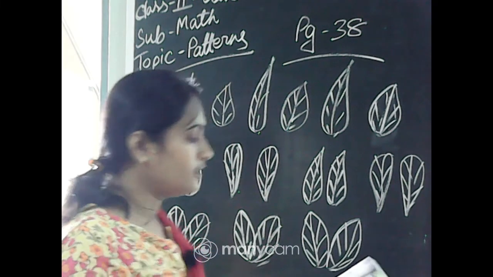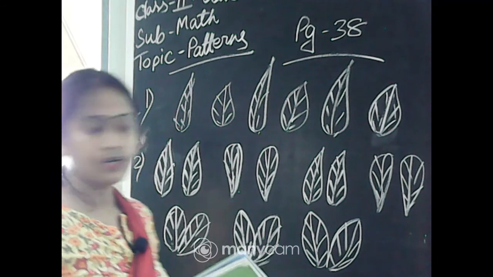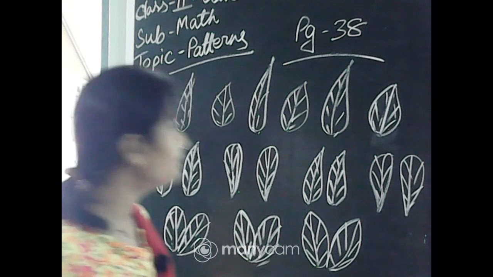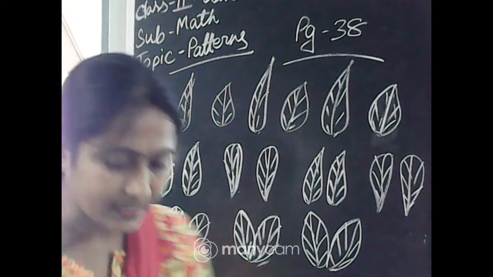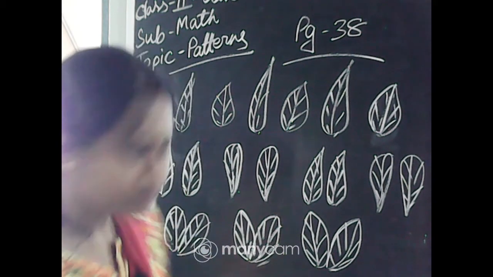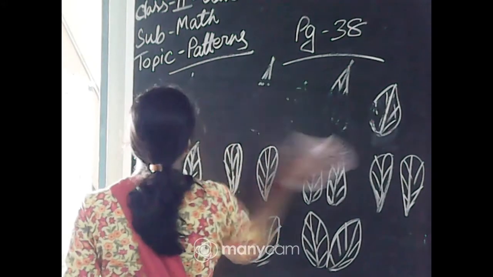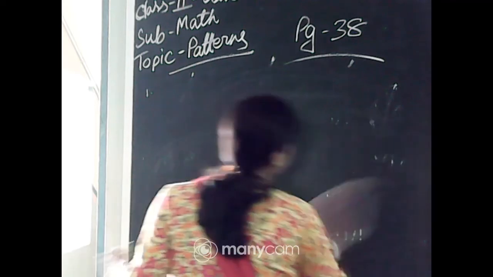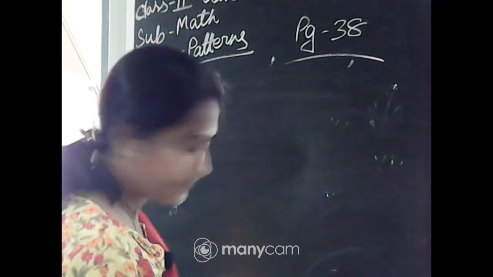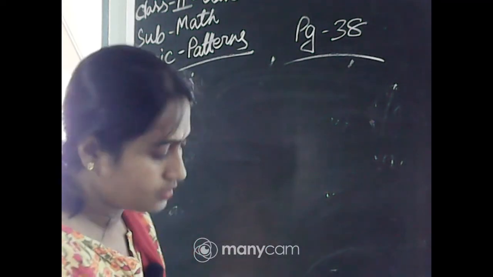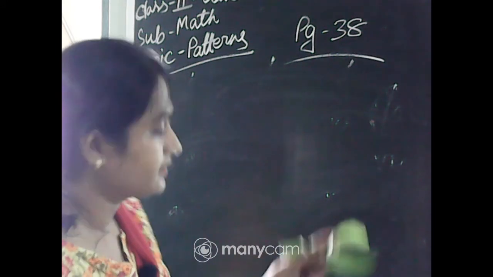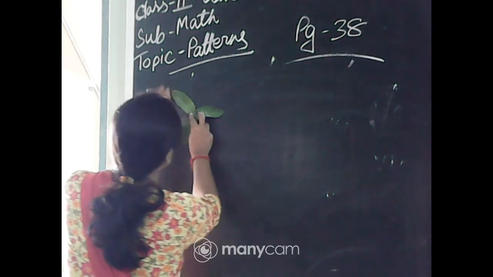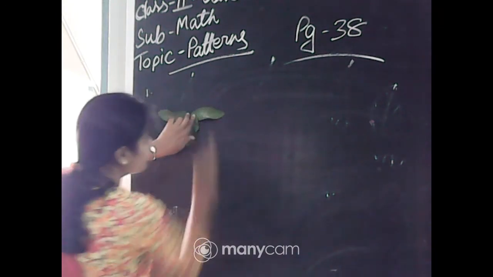Okay. Now, you all please open your math notebook. We can make that in this way also. One more pattern you can make. Look, in this way also you can arrange the leaf. This is the pattern. You can make the pattern in this way. Four leaves, it's like a flower.